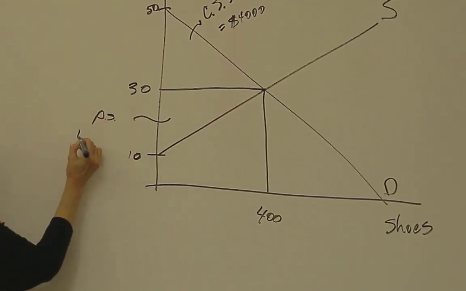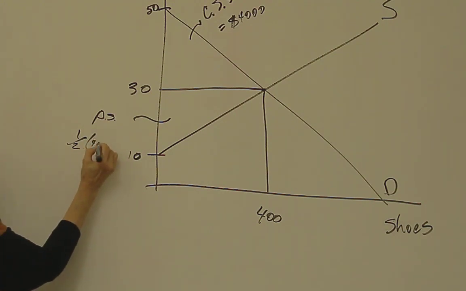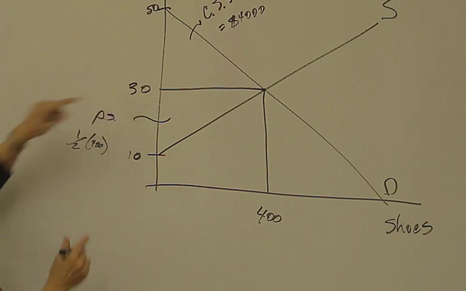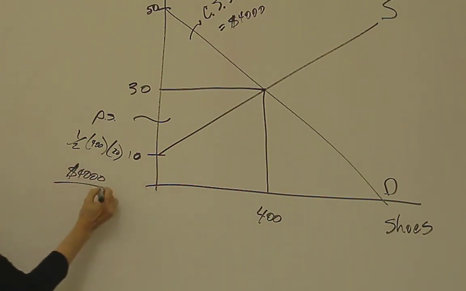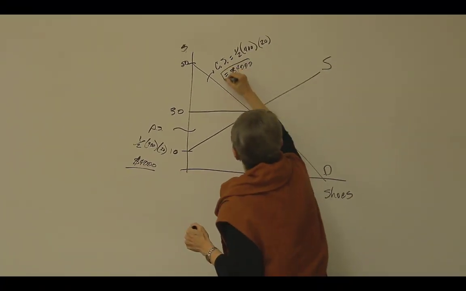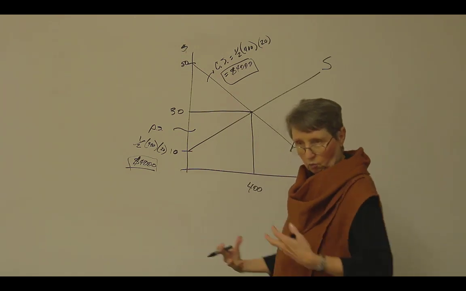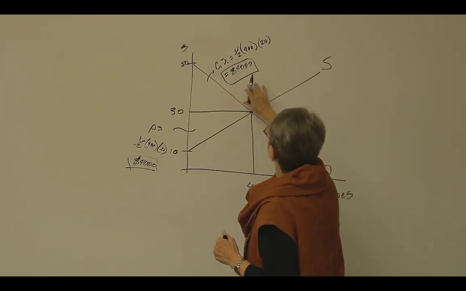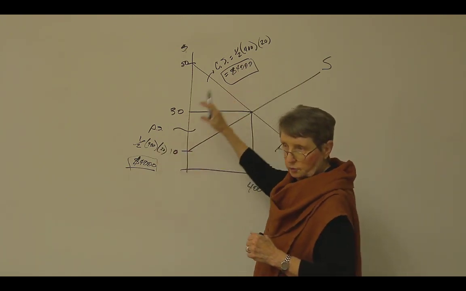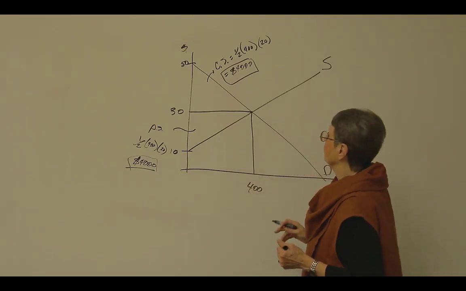Producer surplus, which is, again, 1/2 the base is 400 and the height is, again, 20. So producer surplus is also $4,000. So within this economy, the total surplus, the total wealth, is $8,000. Now, there's no reason to expect that producer and consumer surplus will be the same in any given market. It's just because of the way I've drawn this.